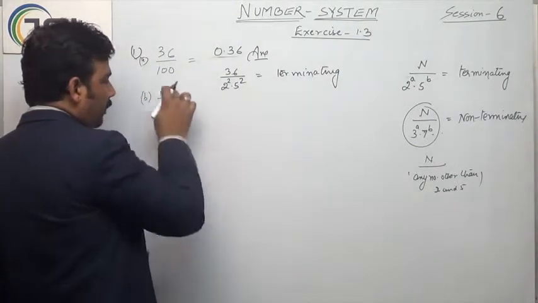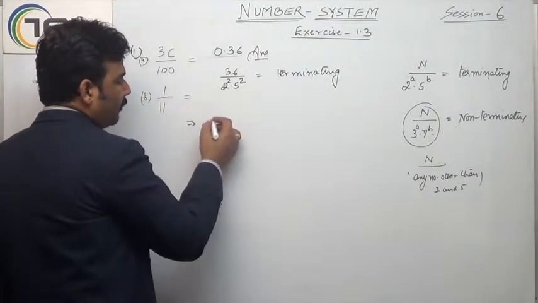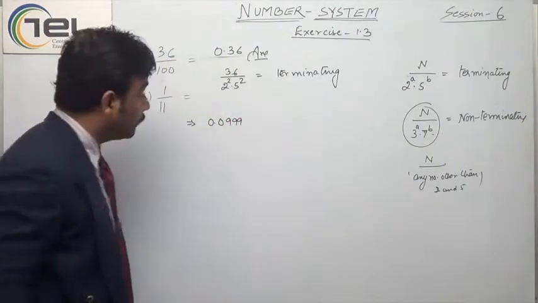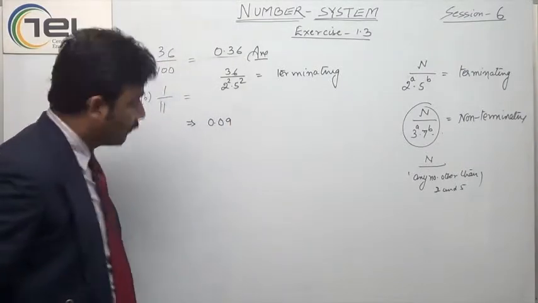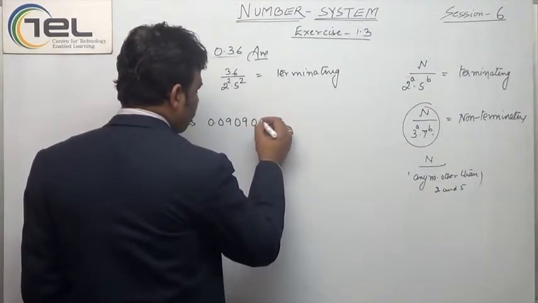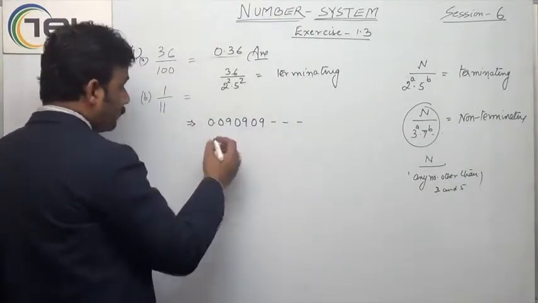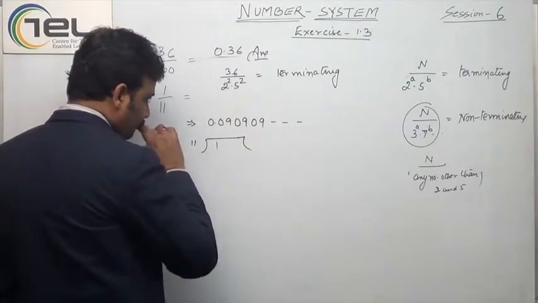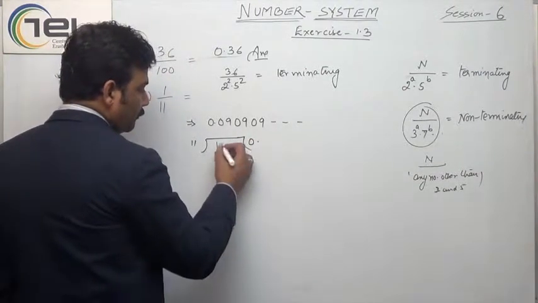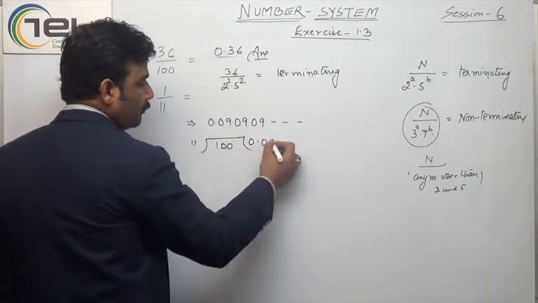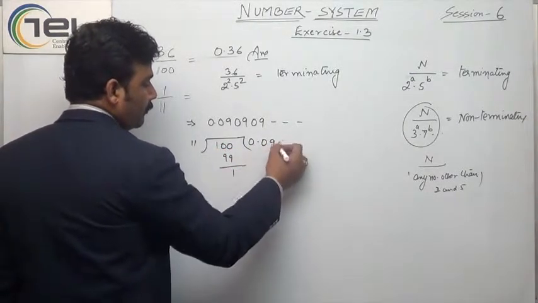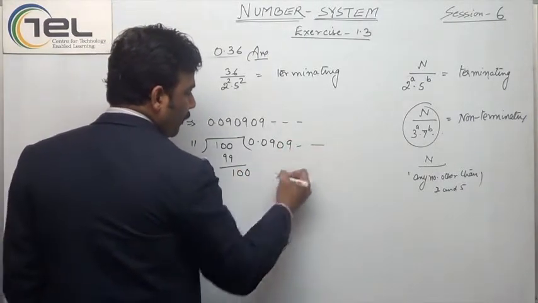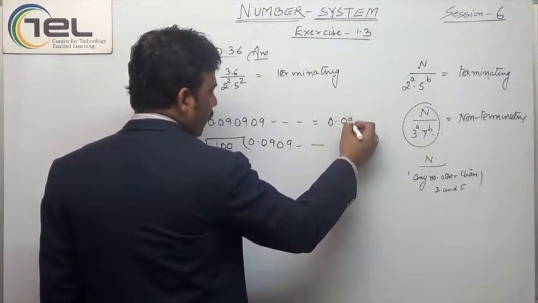For the other one, it can be written as 0.0999 or 0.09 and so on. It will not end, it will keep repeating, or I can write 0.09 bar.